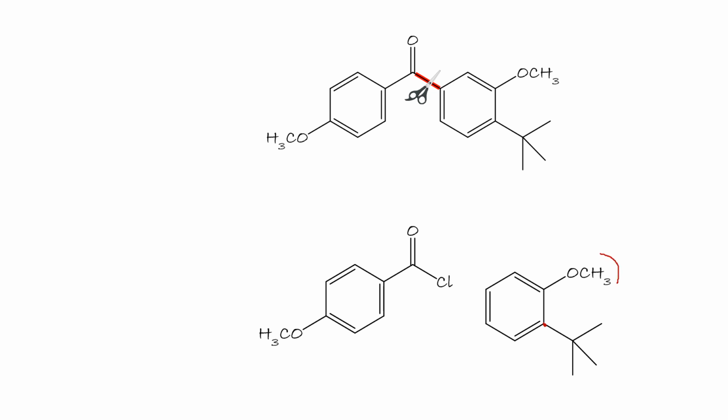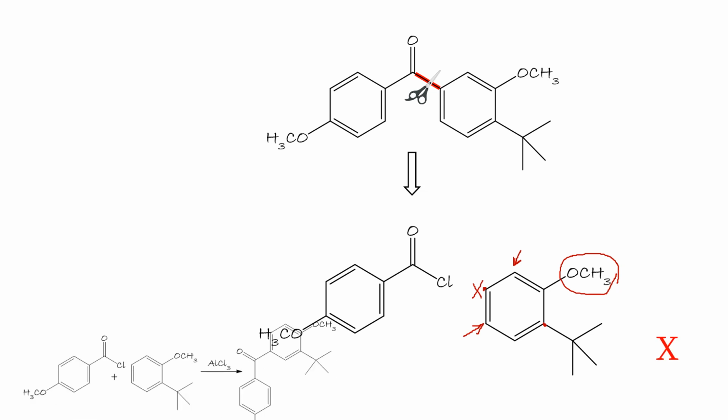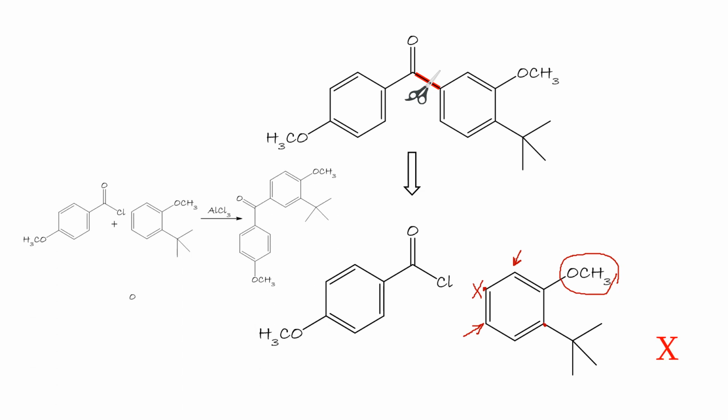The methoxy is a strong activating group, it will be in control, so this is a para position to it, and this is an ortho position to it. Okay, so we need the connection in here. No, it's not going to be in here. The reaction will not go this way, and the reaction will go this way. That's not the desired molecule.